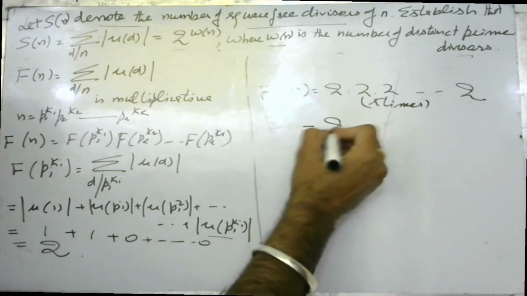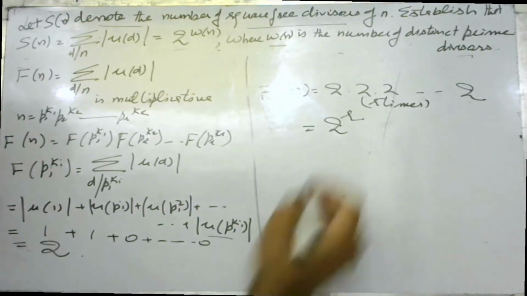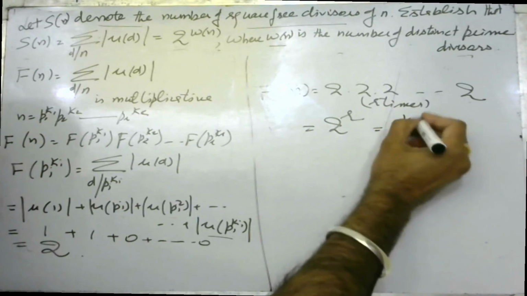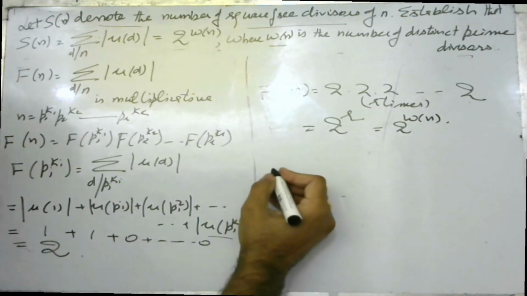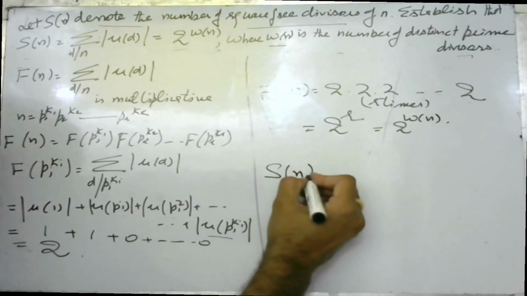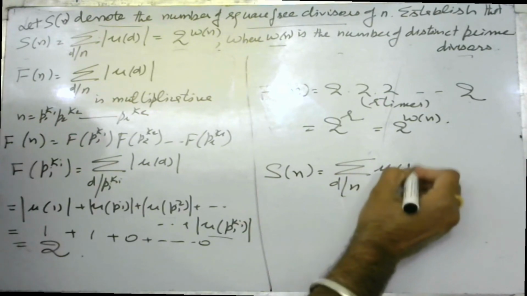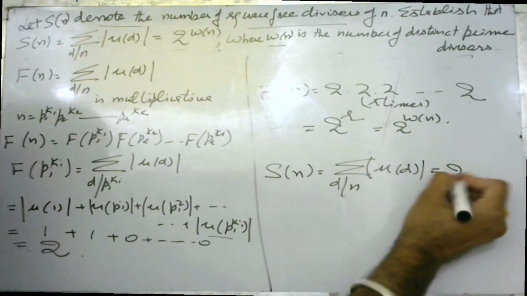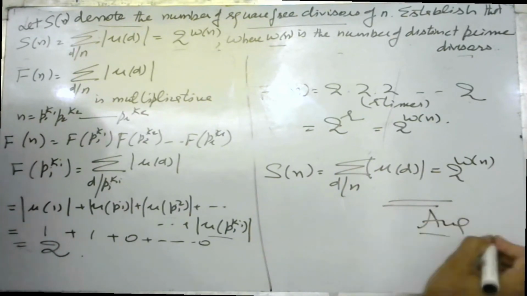So that is 2^r. Once again, which is equal to 2^ω(n). Then combining all the results, we get that S(n) is equal to the summation over d dividing n of |μ(d)|, which equals 2^ω(n). Hence the result.